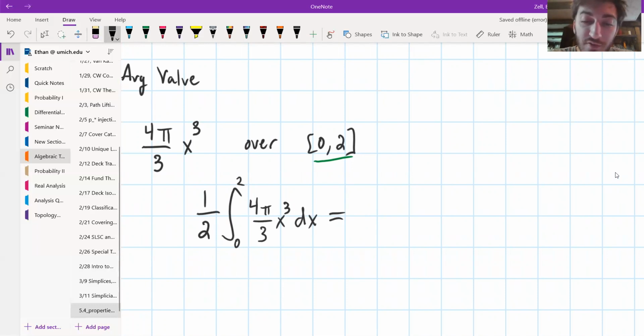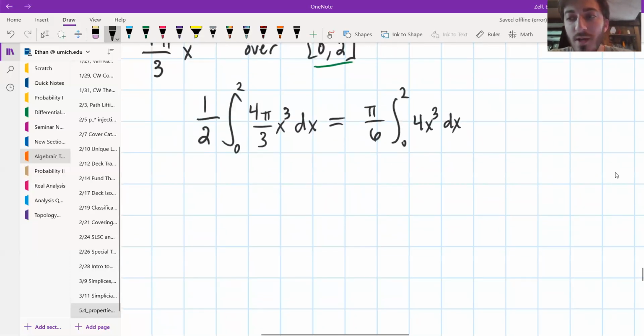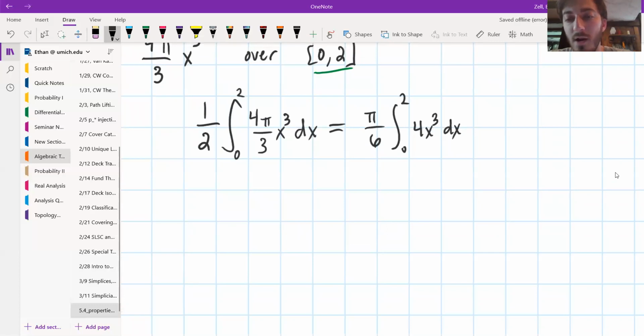I'm going to bring out the pi over 3, which gives me pi over 6 times the integral from 0 to 2 of 4x to the third dx. The reason I did that is because by the anti-power rule, integrating x to the third gives x to the 4th over 4, and if I multiply that by 4, I just get x to the 4th, which is a little neater. So I get pi over 6 times x to the 4th, evaluated from 0 to 2.